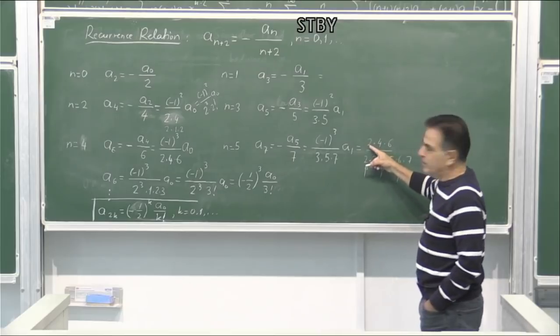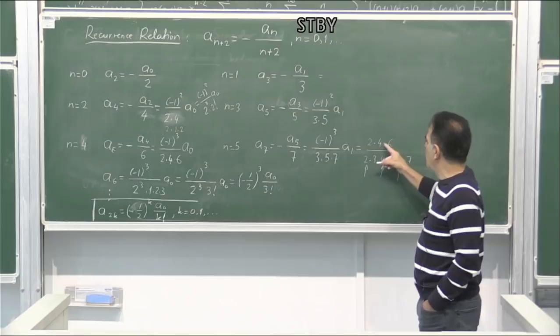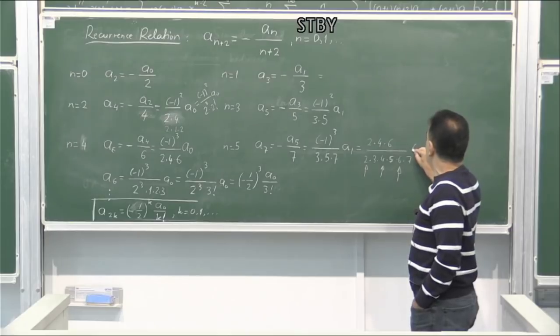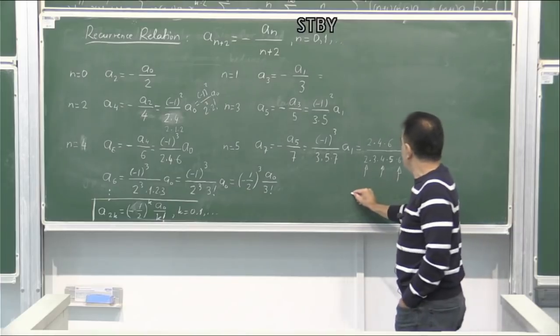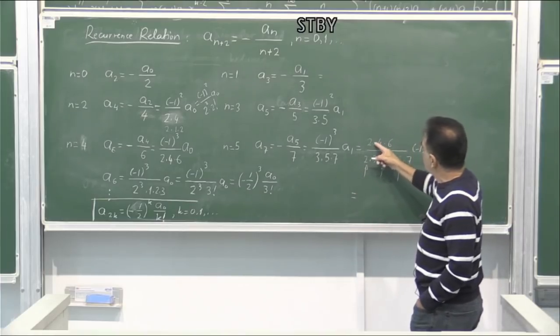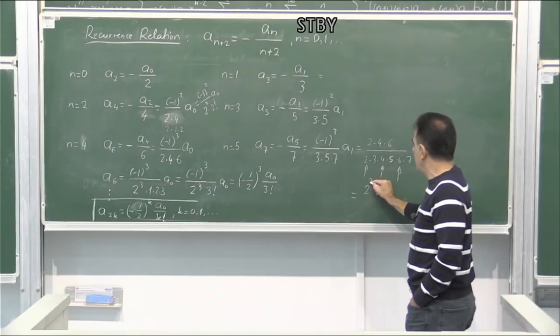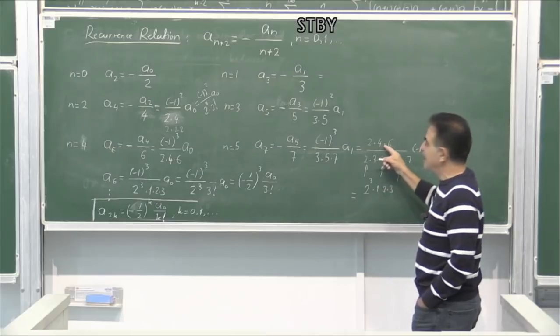So we multiply the denominator by 2 times 4 times 6 and divide by 2 times 4 times 6. So minus 1 cube a1. In this case, 2, 4, 6 is clearly 2 cube times 1, 2, 3, isn't it?